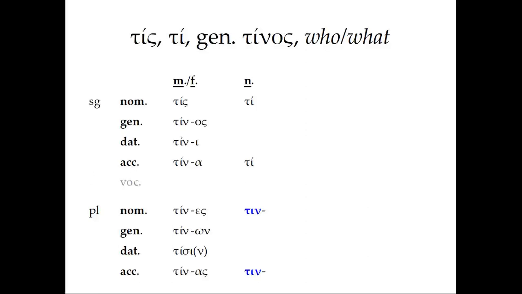It's going to be the same as we saw for other third declension neuter adjectives, just that alpha there. Happens to be the same as the accusative singular for masculine and feminine. So these are the forms of tis, ti, genitive tinos, who, what, can also mean which. We'll see its uses next.